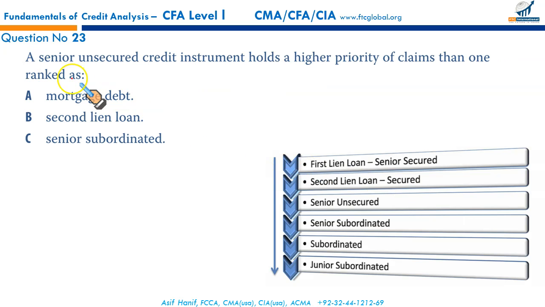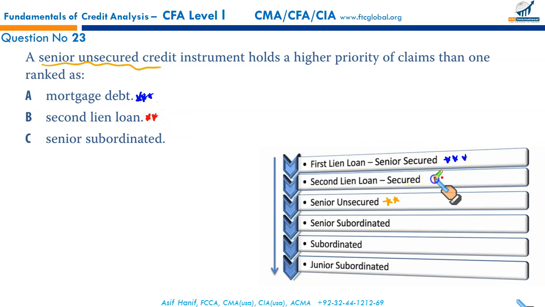Next, a senior unsecured credit instrument. Let us mark these so that we have a fuller understanding of where the location might be. A senior unsecured credit instrument in orange color. Here it is. It holds a higher priority claim than the mortgage debt. This is the mortgage debt here in blue. Second lien loan in red.